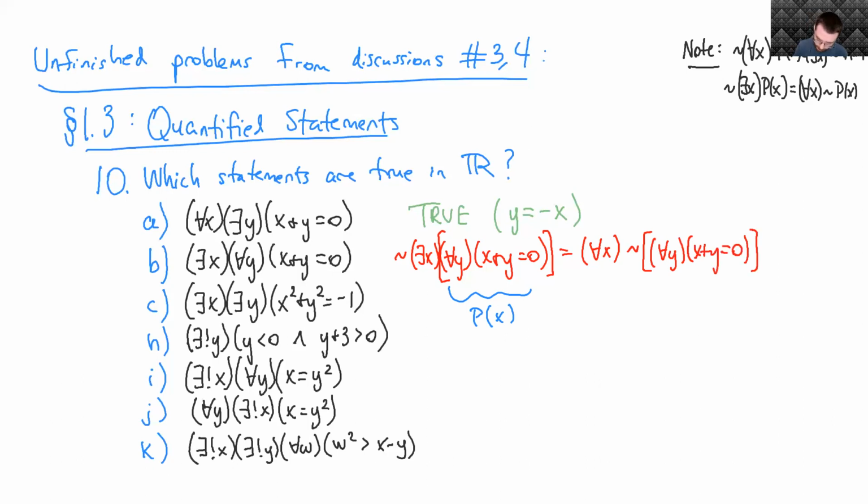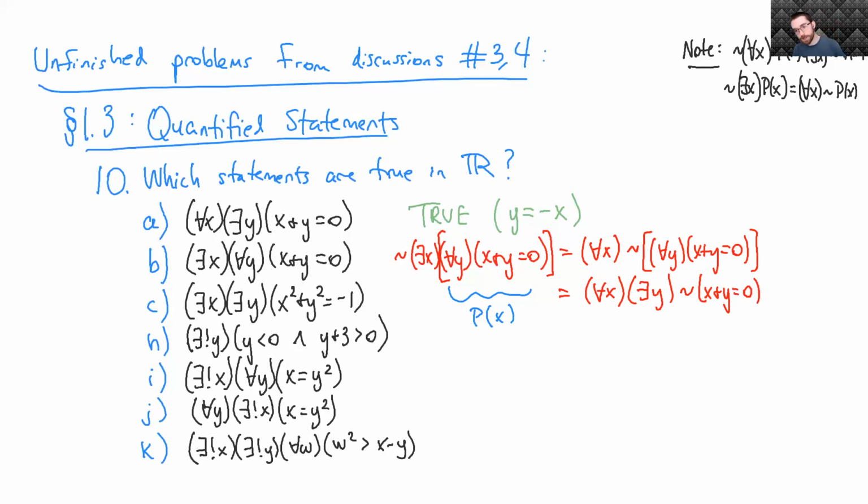Then this negation can be applied as well, and that for all will swap to a there exists. I'll keep the outside the same, and when I factor this negation symbol in, I'll get there exists y such that, and now I'm negating the predicate.